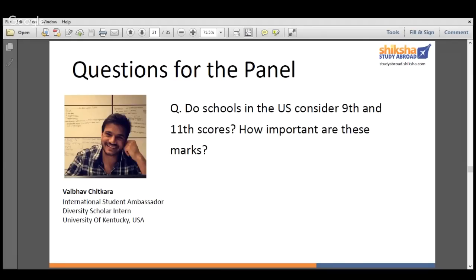In India, most of the schools very strictly administer the class 9th and 11th, and yes, it is important. Somehow some universities may not pay much attention to class 9th and 11th, but it is very important to have these 9th, 10th, 11th, 12th scores on your school transcript. So universities do look at the holistic performance of the student in the last 4 years. Okay.